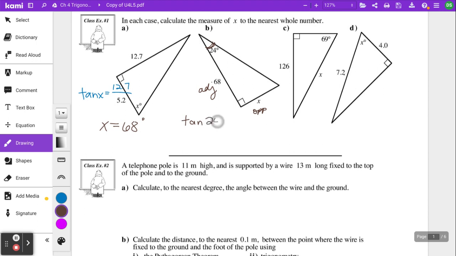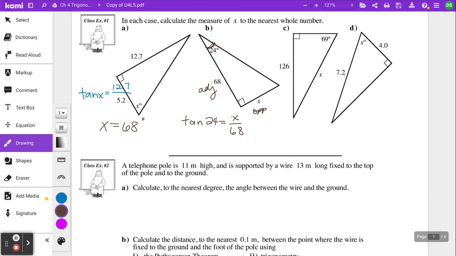So this is 24. Now we write down the ratio of the two sides: opposite over adjacent. Does that help you? After you write down the trig function, you put the angle in, whether you know it or not. If you don't know it, put the letter. If you know it, put it in. And then you do the two sides.